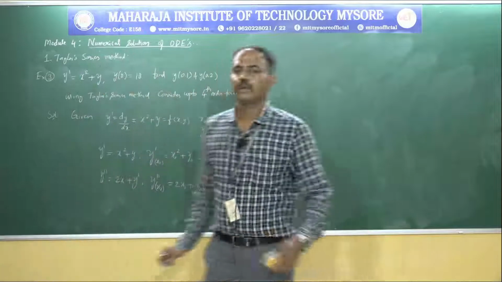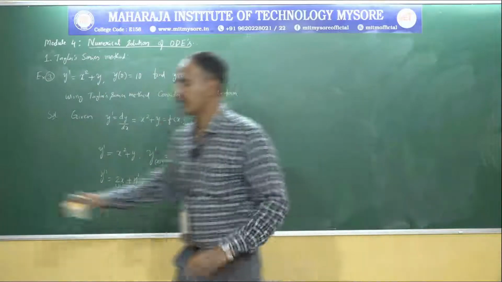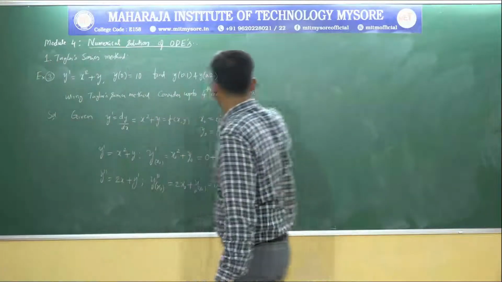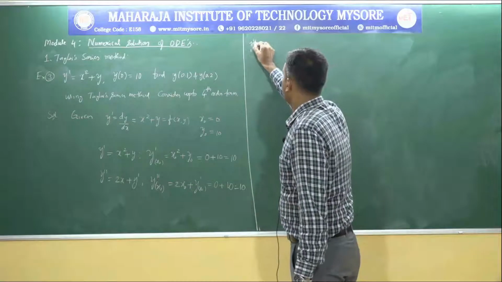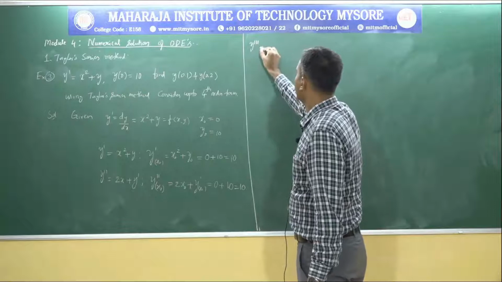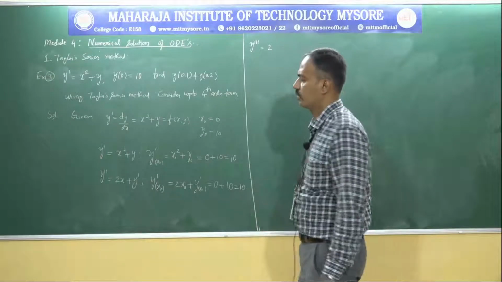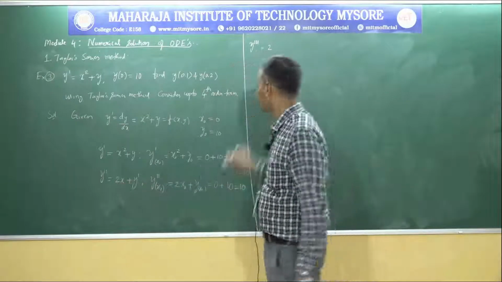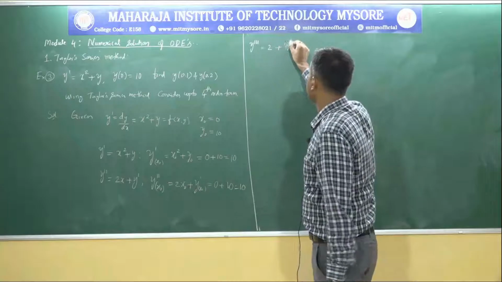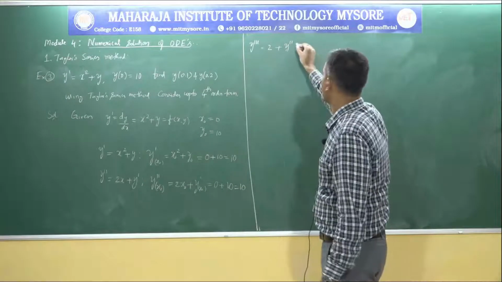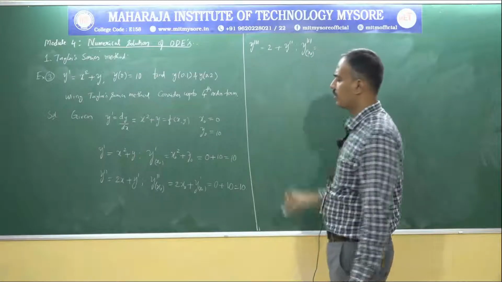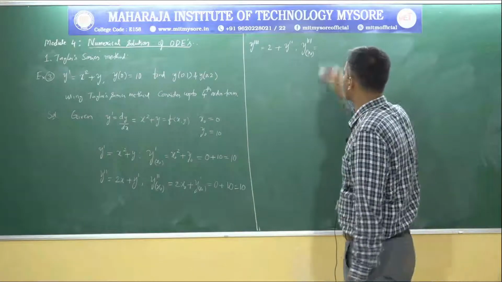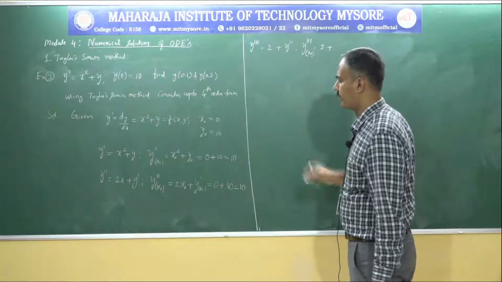Now the next one, y triple dash. Differentiating one more time, the 2x gives 2, and y dash changes to y double dash. So y triple dash of x naught means 2 plus y double dash.